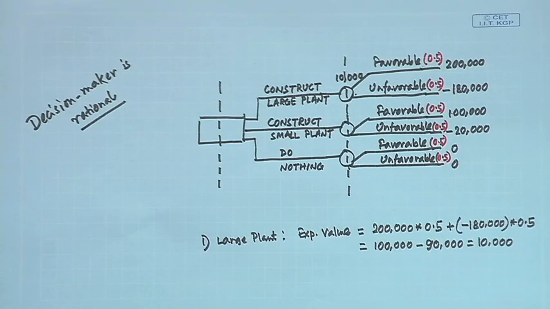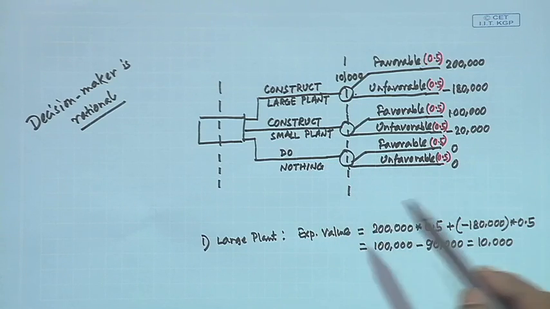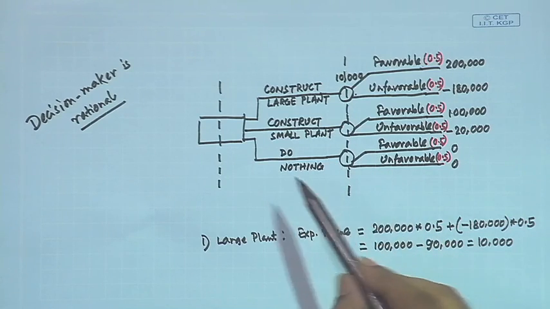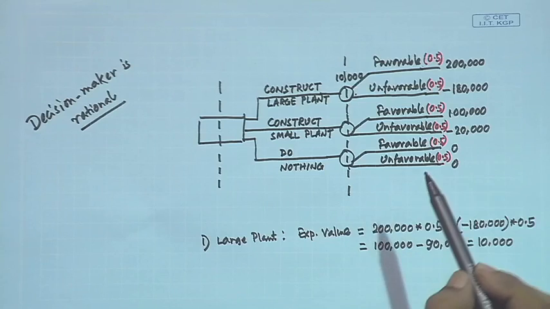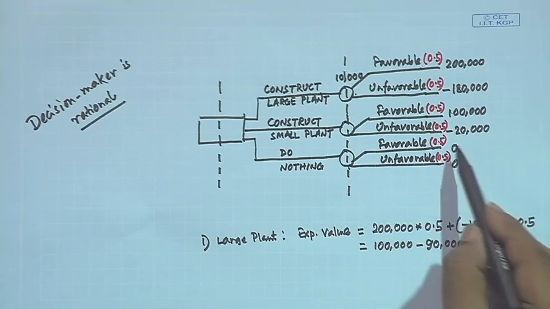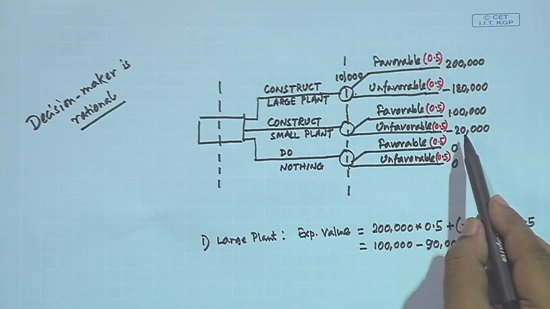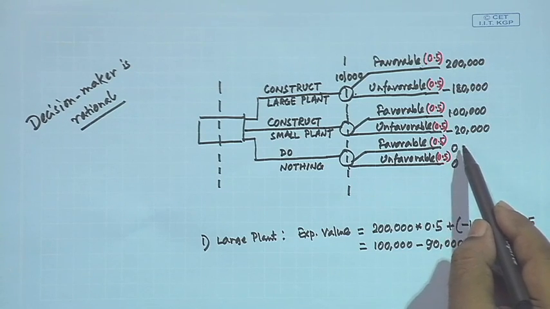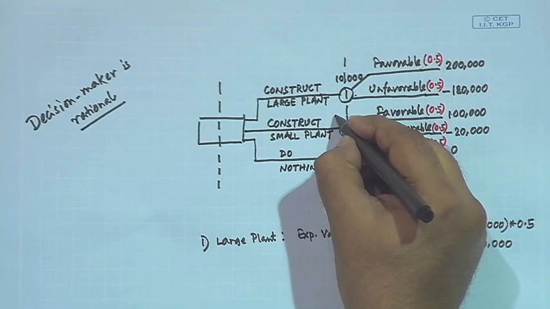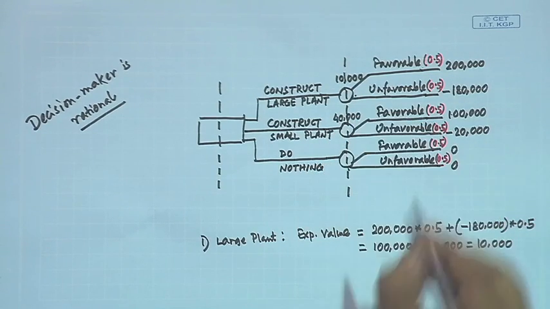So, this 10,000 is the payoff at this state of nature, and similarly for the second decision, that is construct a small plant, we are seeing that again it is 100,000 and minus 20,000. So, it will be 50,000 minus 10,000, the expected payoff would be 40,000, right.